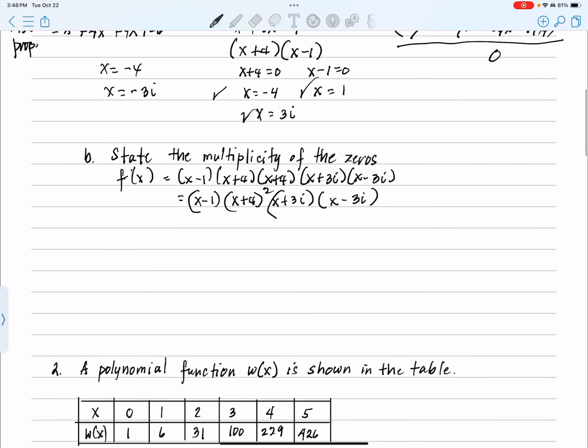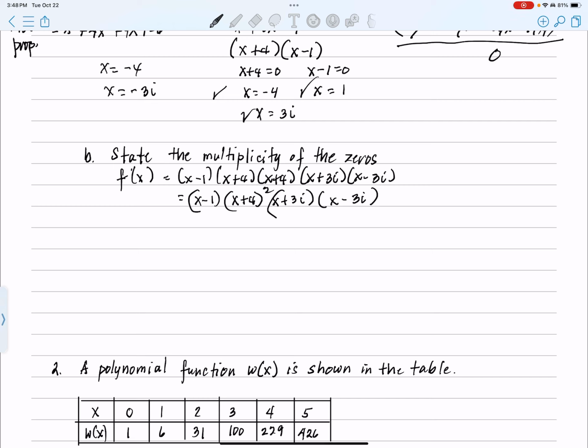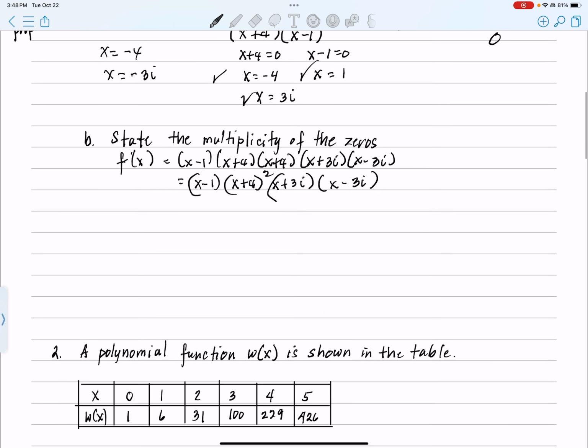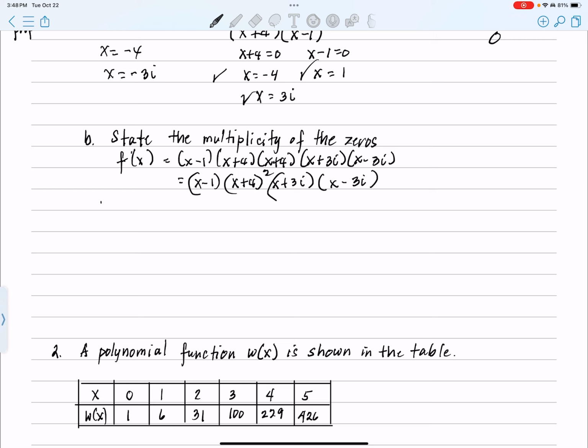So for the multiplicities of zeros, we determine the number of times that the corresponding factor of the zero occurs in the factored form. So we could say x equals 1 is a 0. What is the multiplicity of x equals 1? It's 1, right here to the first power.